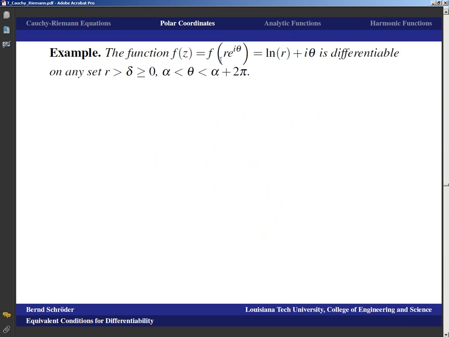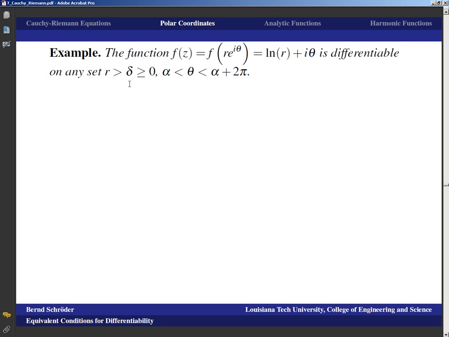Take the function f of z equals f of r e to the i theta, being ln of r plus i theta. That's really what we would get if we took the logarithm and just applied the logarithm laws that we know as if they did work. Turns out they do, but we haven't formally justified them yet, because we haven't formally introduced complex logarithms. But this function is differentiable as long as r is greater than some delta, which is greater or equal than 0.